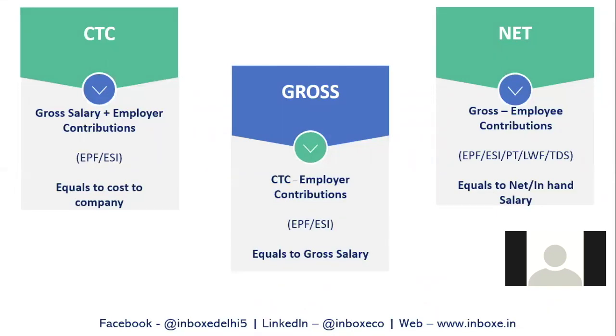So these are the calculations for CTC, gross, and net salary, and all three are linked to employee earnings, because whatever the employee is earning is a combination of both contributions, and is part of CTC.